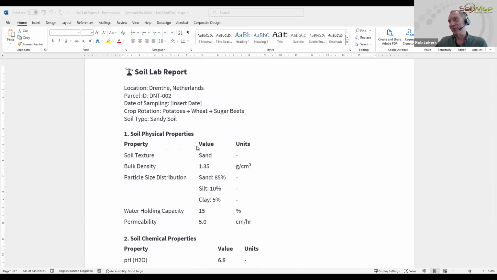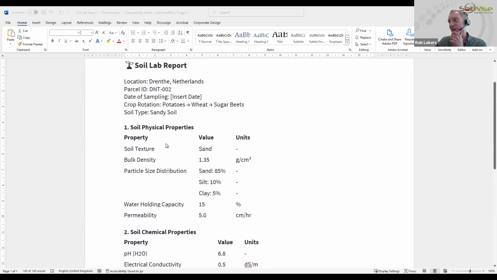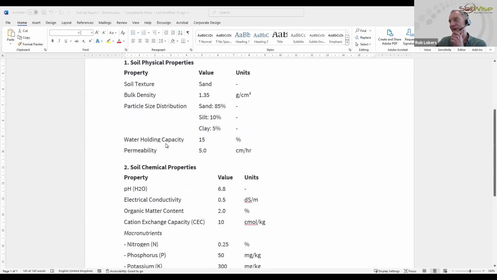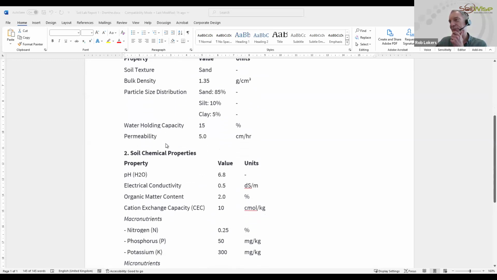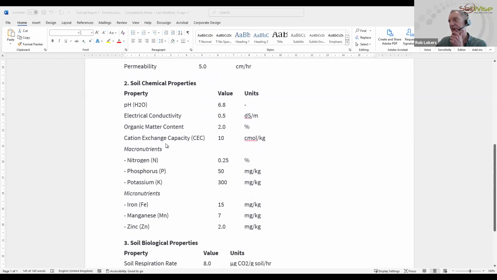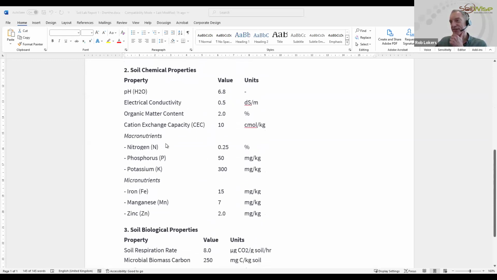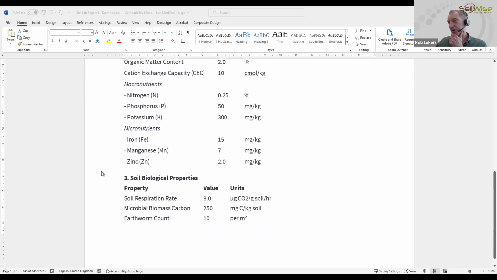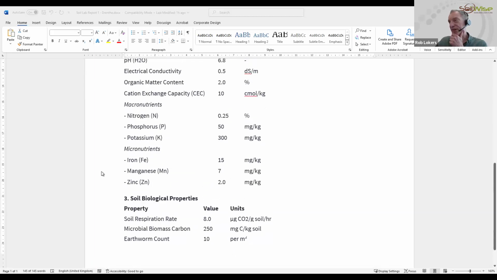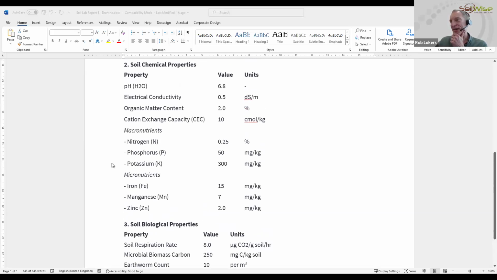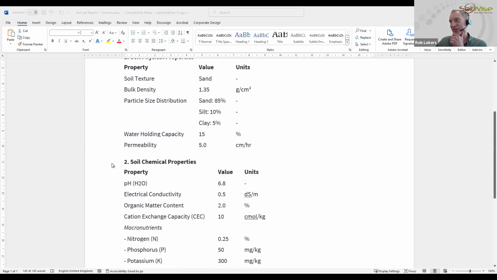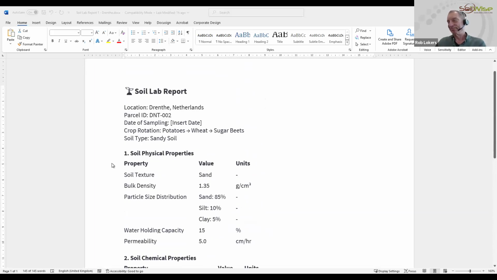It says something about a parcel here in the Netherlands, in Drenthe, in the northeast of the Netherlands, with a sandy soil with specific characteristics, physical properties, chemical properties. So typical things that we think should also be in a soil lab report.